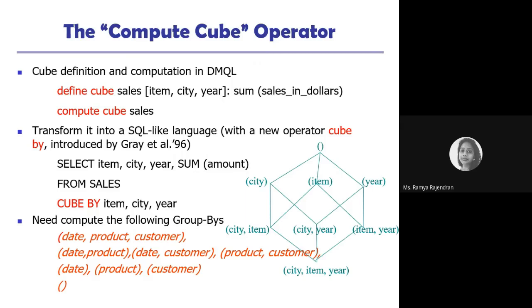If you want to operate on it or add a few things, for example, here we just had item, city, and year, and sum of sales, right? This is the cube that we have defined. Then you select it, and if you want it in that order, you can create a cube by this. So this is how it looks.